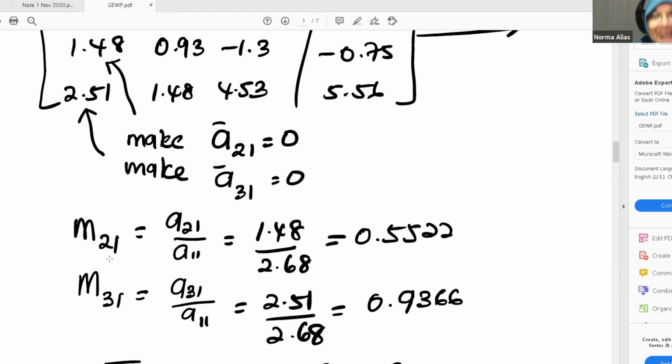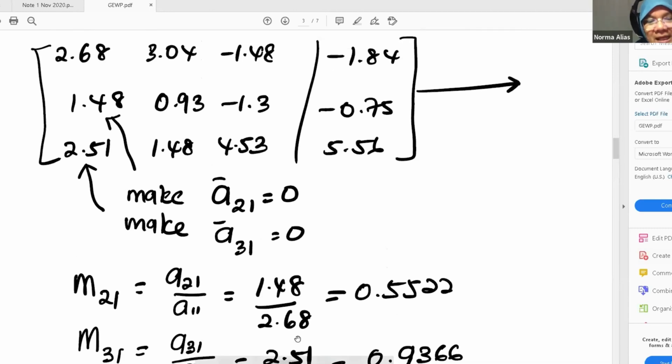So I need to declare the parameters M31 and M21. M31 is A31 divided by A11. M21 is A21 divided by A11. So I take the values: A21 is 1.48, see here, divided by 2.68 is 0.522.